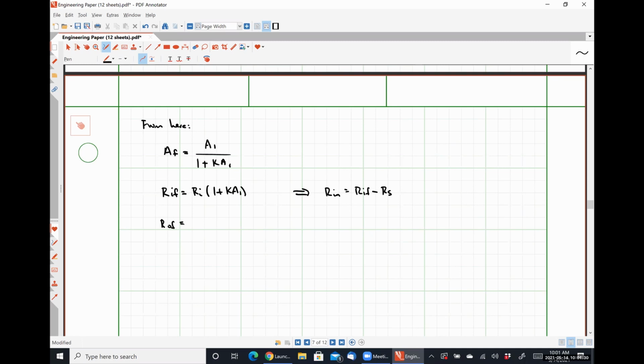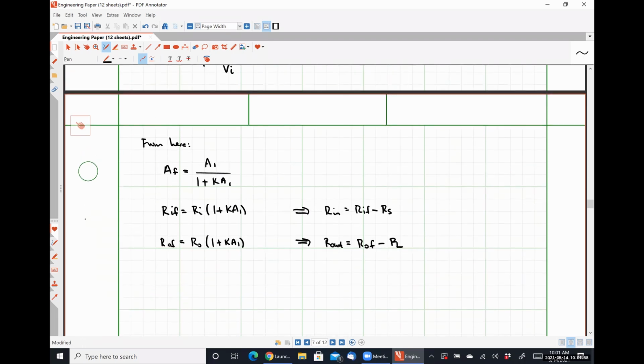Our output resistance with feedback is R naught times 1 plus Ka1. And then our output resistance, excluding the load resistor, is then simply ROF minus RL. Okay. So we're going to analyze some circuits, figure out how to determine A1, R11, R22, and all that kind of good stuff.